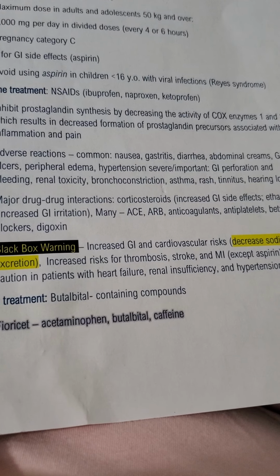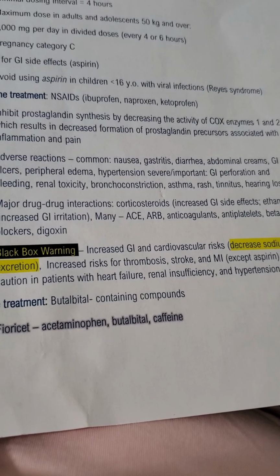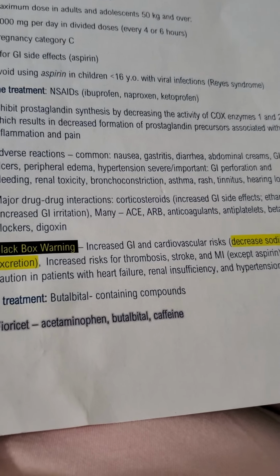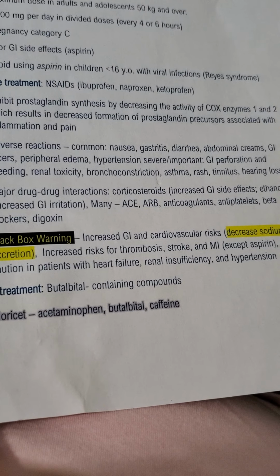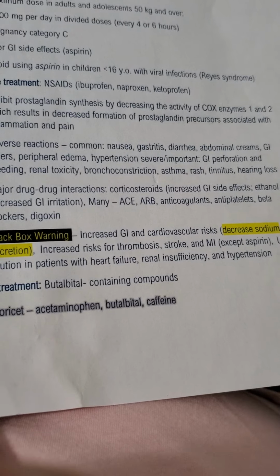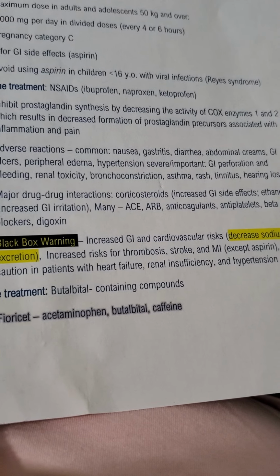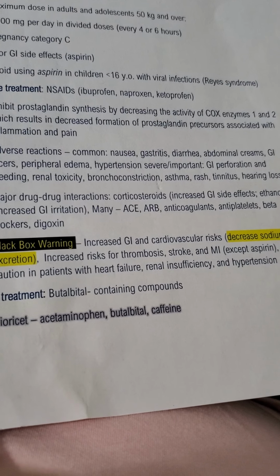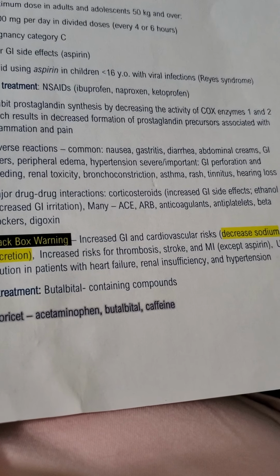Drug-to-drug interactions: corticosteroids, ethanol, many ACEs and ARBs, anticoagulants, antiplatelets, beta blockers, and digoxin. Black box warning is the increased cardiovascular risk because it decreases the sodium excretion. Risk for thrombosis, stroke, and MI except for aspirin. Use with caution in patients with heart failure, renal insufficiency, and hypertension.